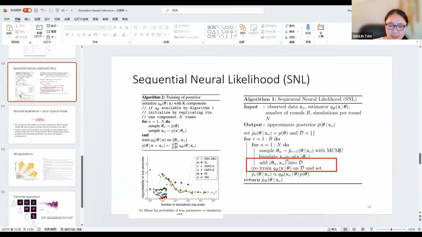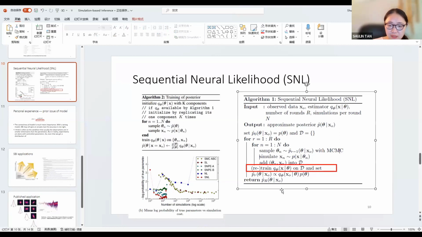I think that they do a retrain. They add a step where they retrain the likelihood distribution, something like updating the distribution of x given theta, so that you can have a better estimation of your parameters.